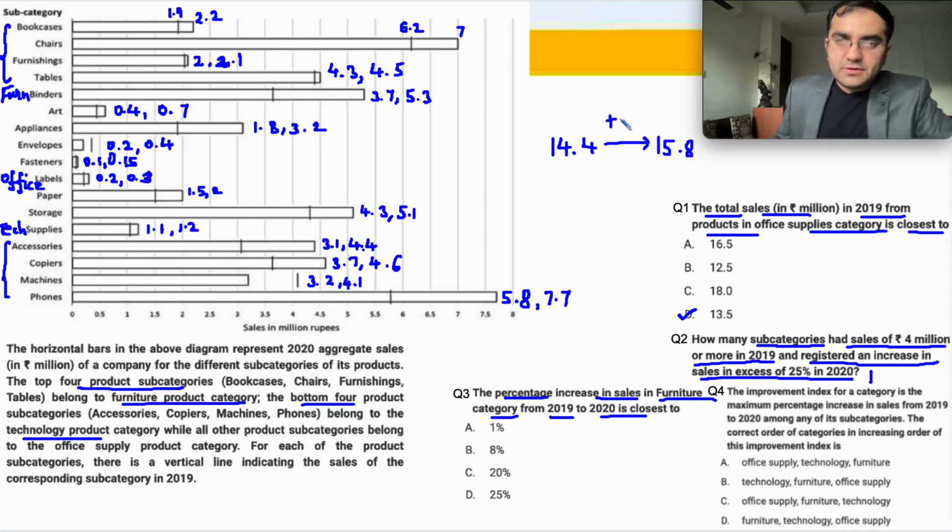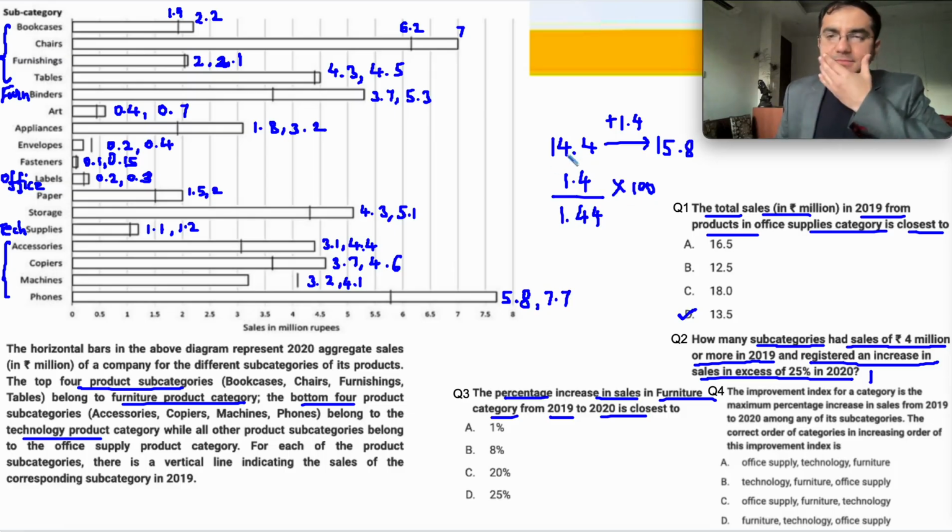It's an increase of 1.4. ठीक है, so 1.4 divided by 14.4 into 100. Is this fine? 1.9, 6.2, 8.1, 10.1, 14.4. ठीक है.